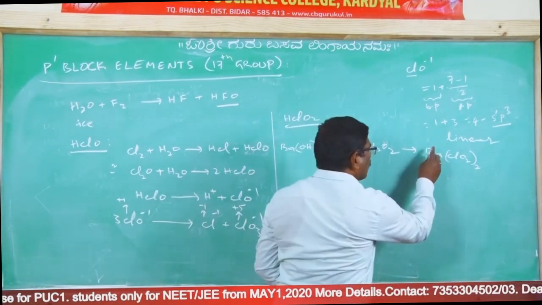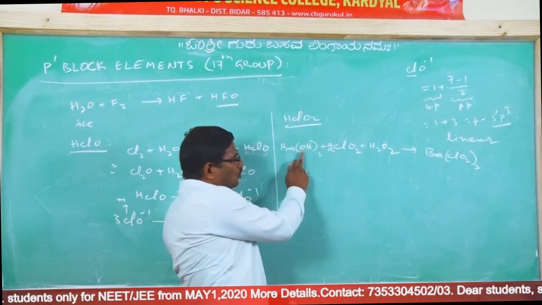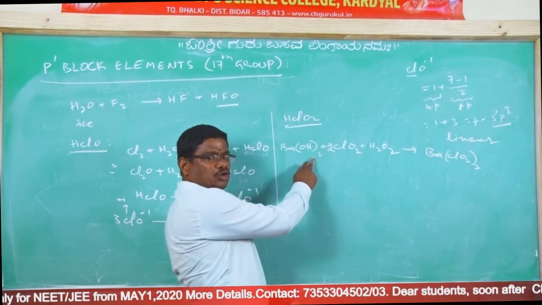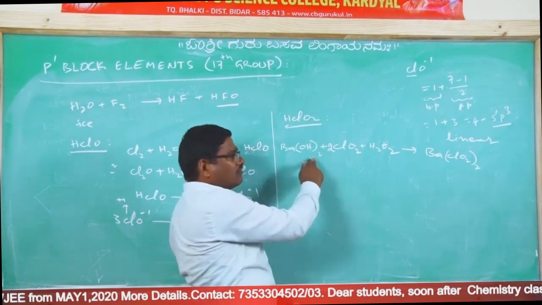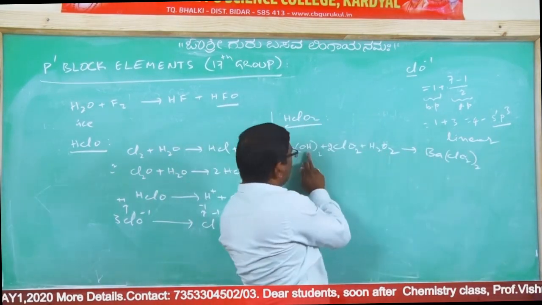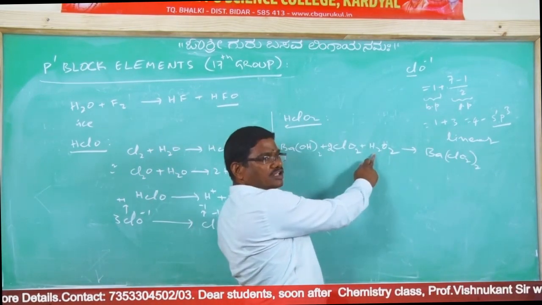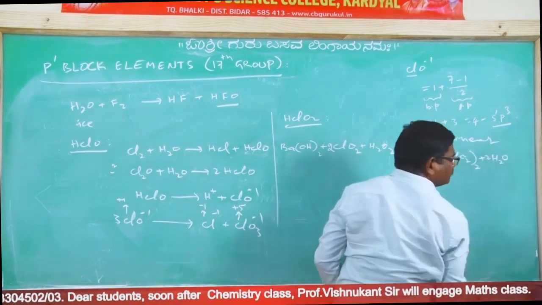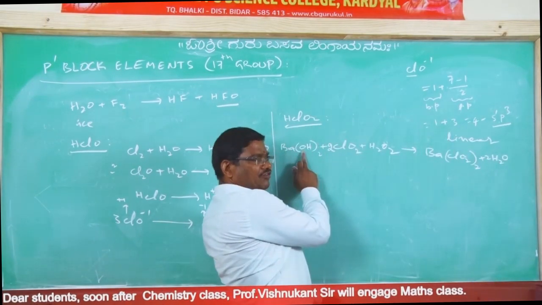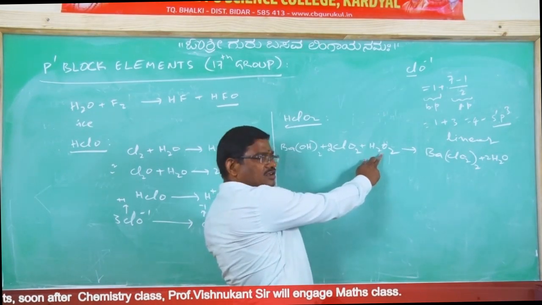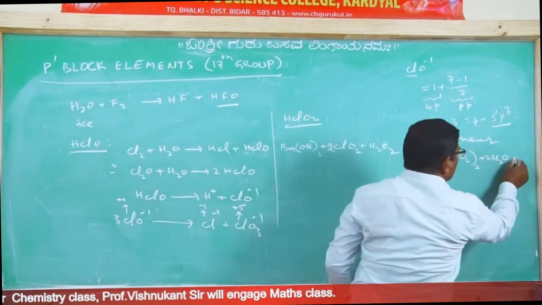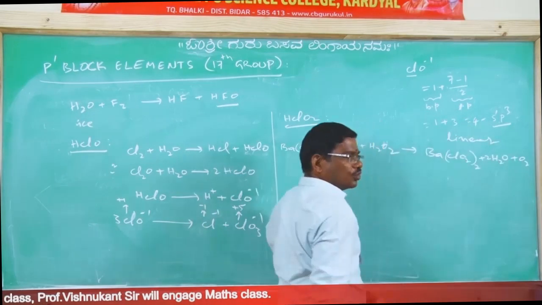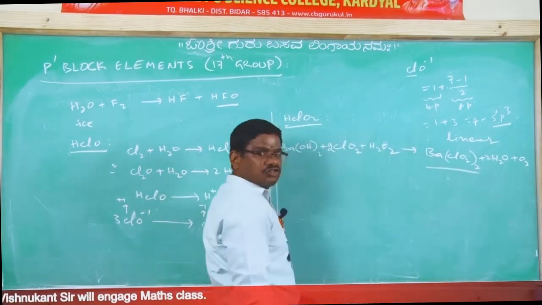If you consider OH taken twice, that is 2 hydrogens and 2 oxygens, from which one water molecule, and hydrogen peroxide gives one water molecule. So total 2 moles of H2O. Along with that, here one oxygen is left, and here also one nascent oxygen is left. Oxygen and oxygen liberate O2. Therefore barium chlorite is formed.